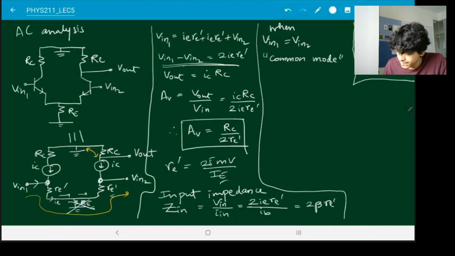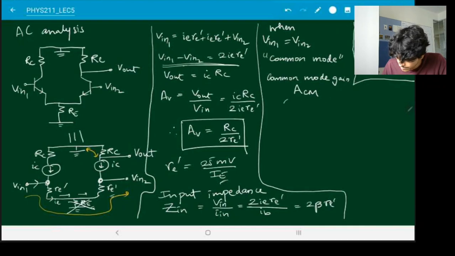And then you can define the common mode gain. Ideally, of course, the background is the same in both input 1 and input 2, so the common mode gain should be 0 because there is nothing to amplify. But in reality, there will be some small non-zero value of this common mode gain.